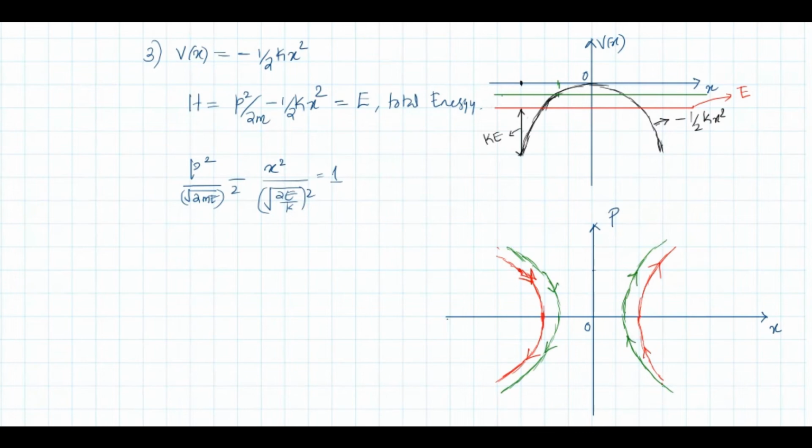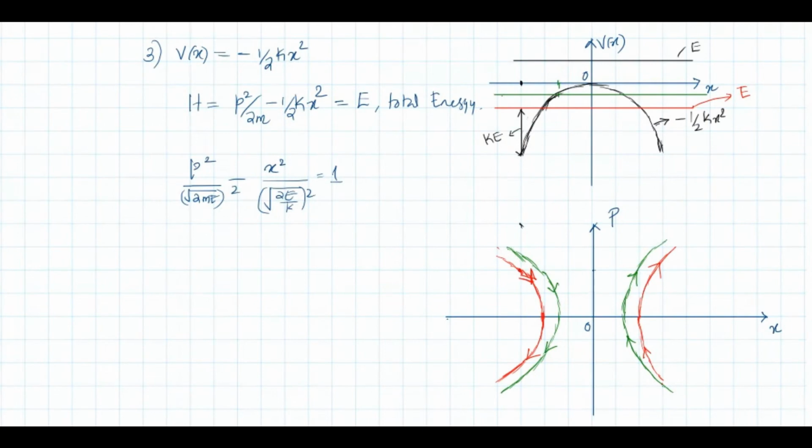Now if the energy is something like this, a positive energy, then what happens? The particle will start from somewhere here. As it moves in the positive x direction, its momentum decreases because the difference between total energy and potential energy goes on decreasing.